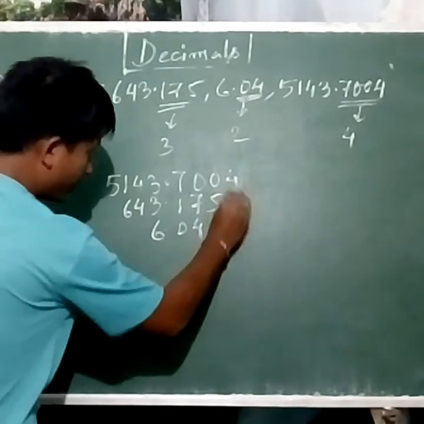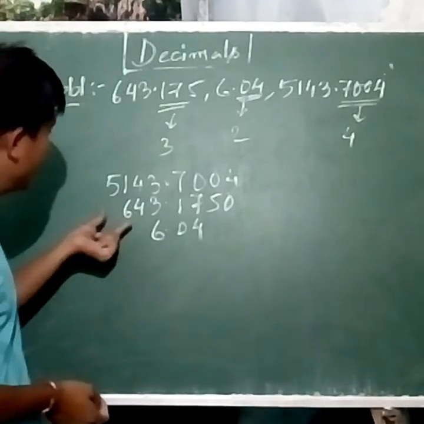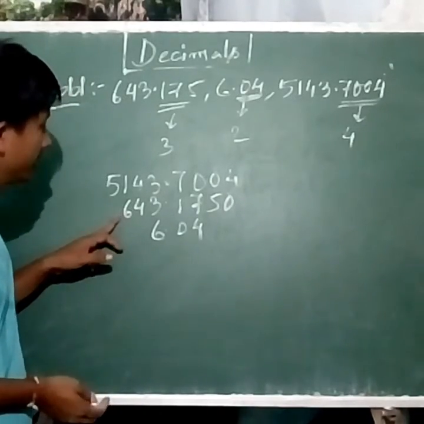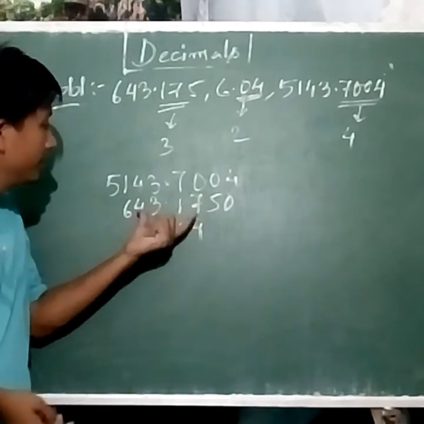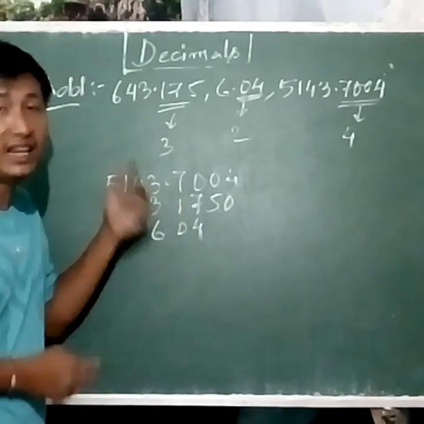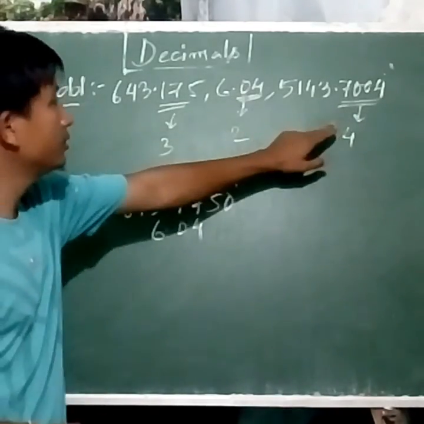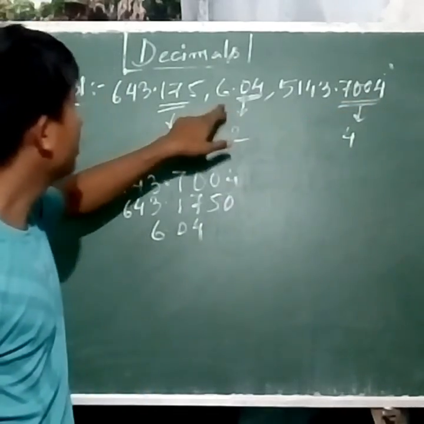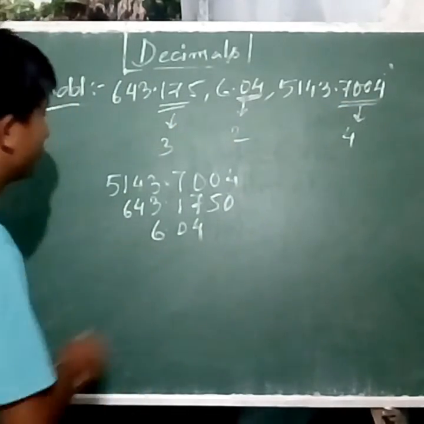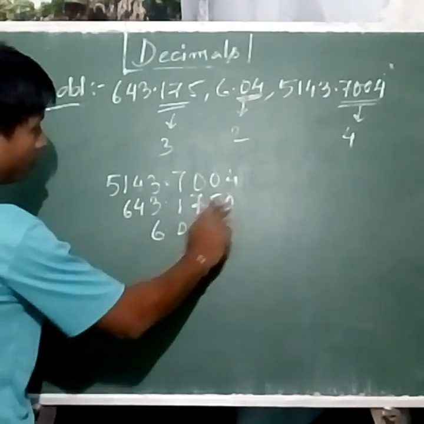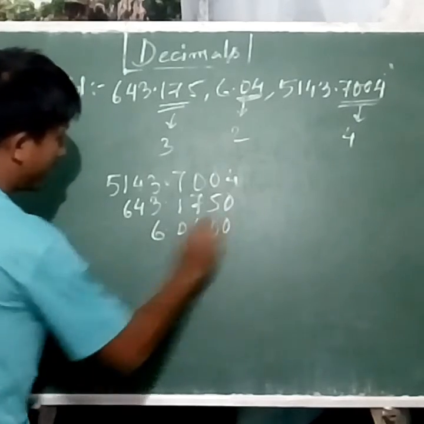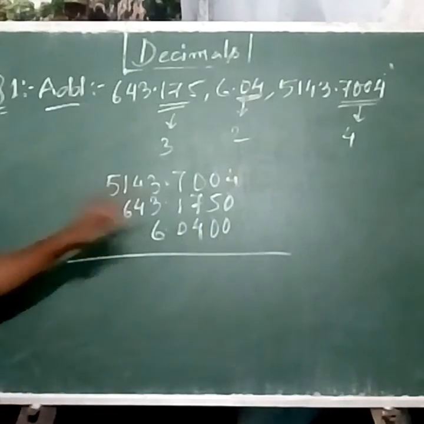To convert unlike decimals into like, for the 4 decimal places, we convert this one by adding 1 zero and this one by adding 2 zeros.